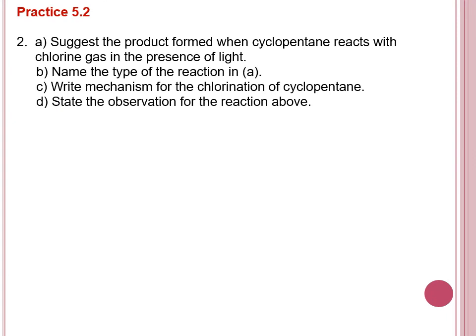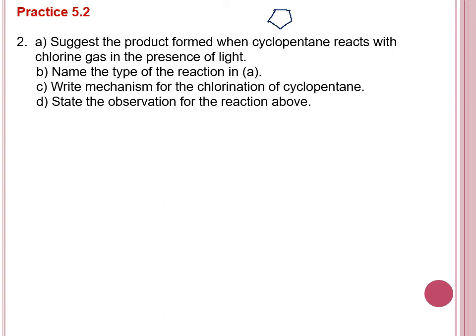Okay, let's do question number 2. Cyclopentane. Wow, cyclopentane is this one. How are we going to do free radical substitution on it? Suggest the product formed when cyclopentane reacts with chlorine gas in the presence of light.